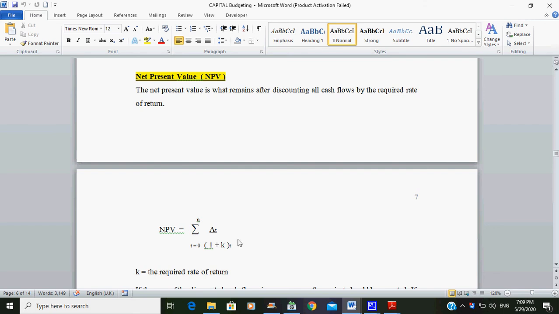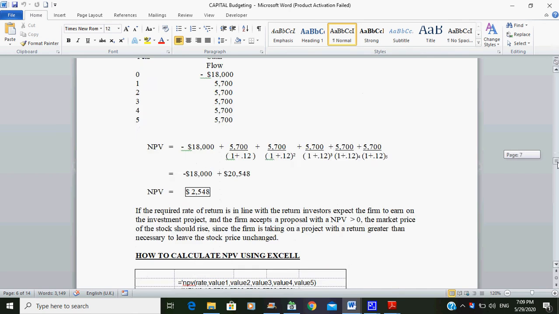This is an NPV formula really. So it's cash flow over 1 plus R, and R is 12%, so that is 0.12. The first part is 1 year, 1 period.